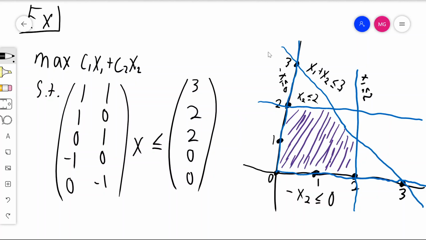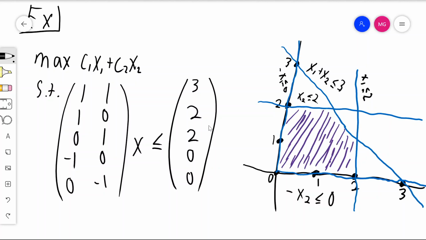Over here, that would correspond to this blue line that's going diagonally downwards like this. And so that's the line x1 plus x2 equals 3. And then for less than or equal to, I'm just taking everything below it, so to the left, kind of.